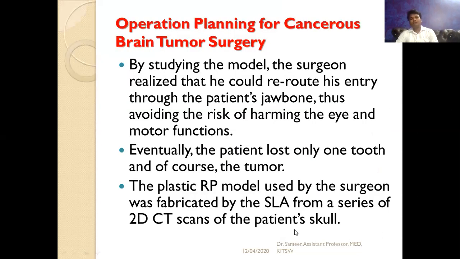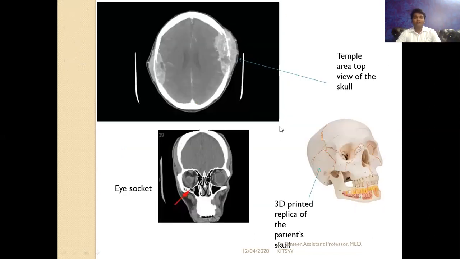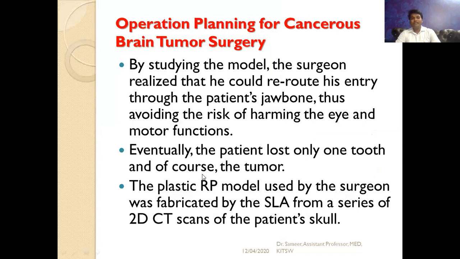By studying the model, the surgeon realized that he could reroute his entry through the patient's jawbone, thus avoiding the risk of harming the eye and motor functions. If the operation was performed through the eye socket, as shown in the figure, the red arrow indicates the eye socket, removing the bone tumor from the temple area through the eye socket would also lead to risk of harming the eye and also the motor functions.